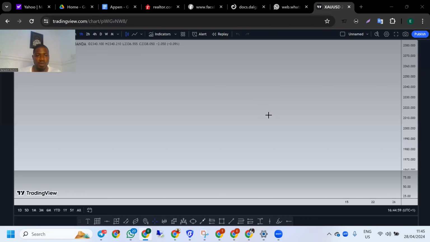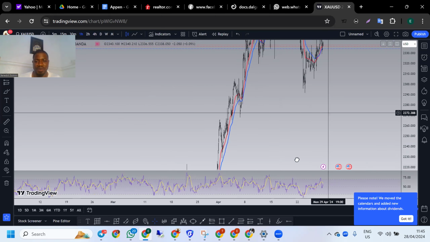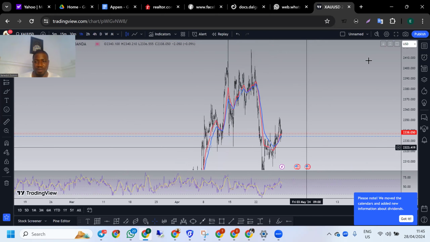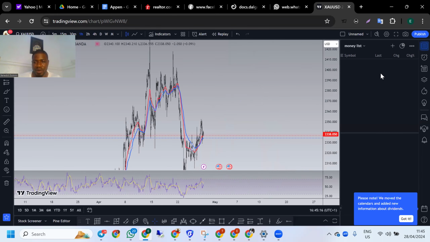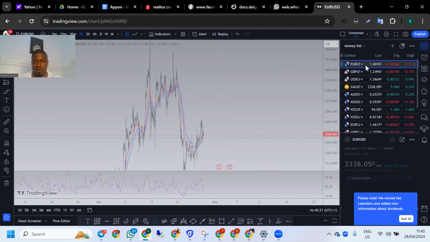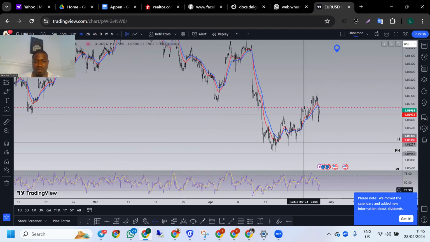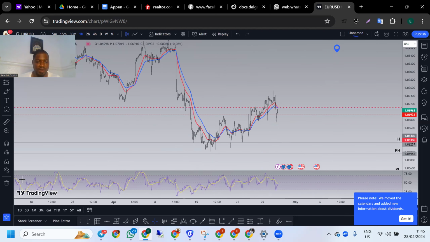As the chart is opening, which pair is this? This is gold. Wow, it's been long since I came to this trading. Gold has been pumping, by the way. So Euro USD is what I want us to look at immediately. Okay, this is Euro USD.